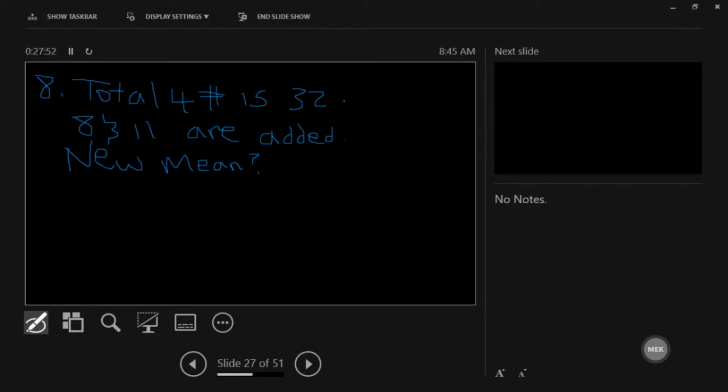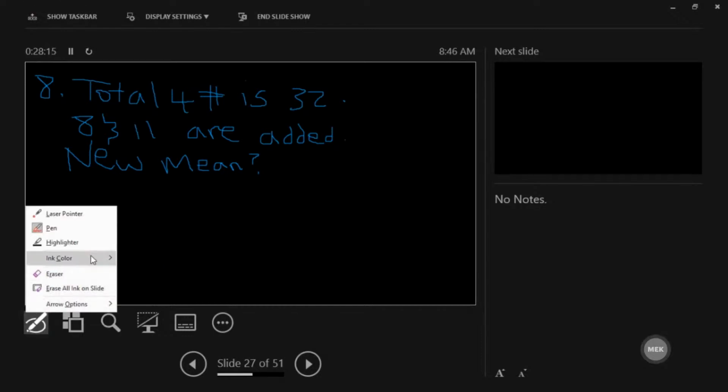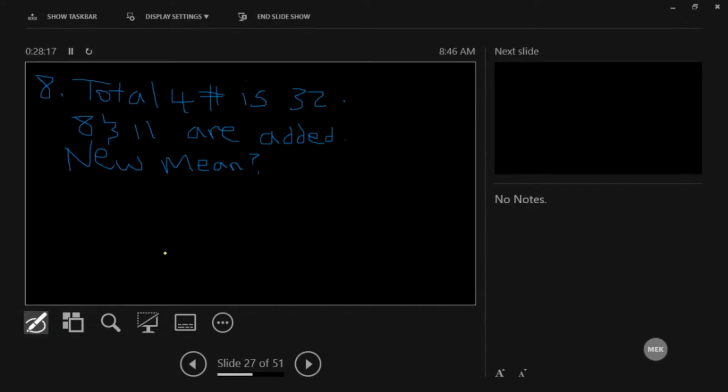Sajarta says 108 would be the new mean. So John is correct. He's saying, all right, so you're adding two new numbers, 8 and 11. So the total is going to change and the amount of numbers is going to change. So you're going to get a new total. So look, John says you have 32 now, that's the total, and it's 4 numbers.